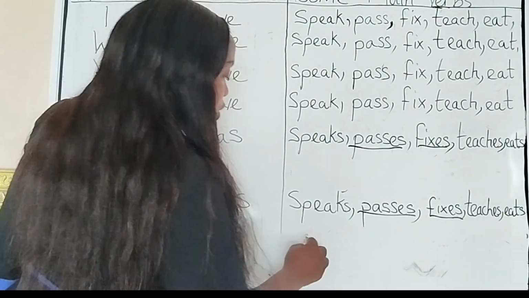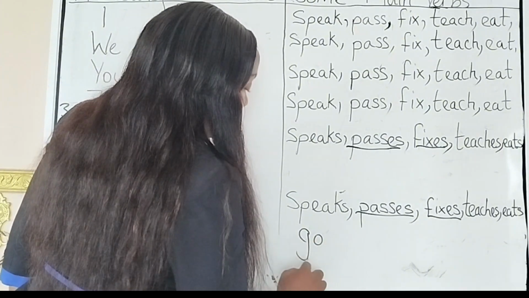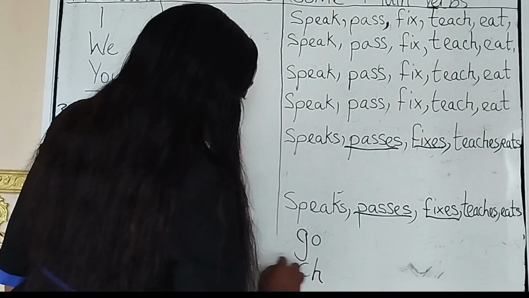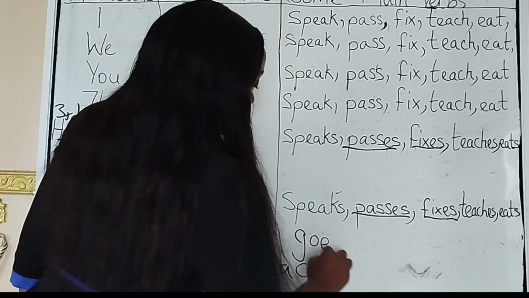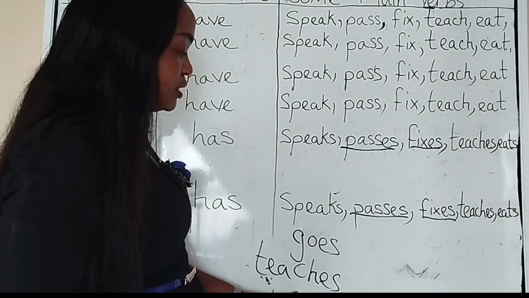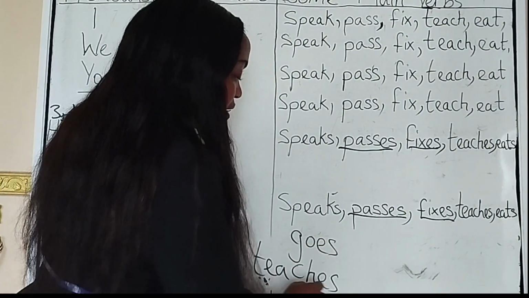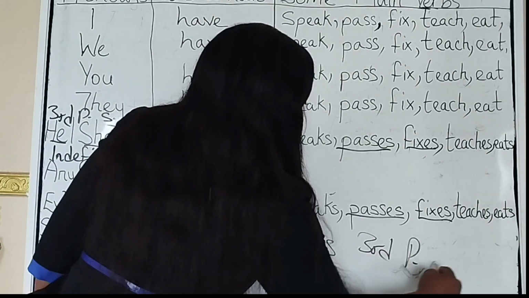The verbs that end with o, like go, the verb that ends with ch. As you can see, we have the word teach. And here we have teaches when it is third person singular, teaches and goes.